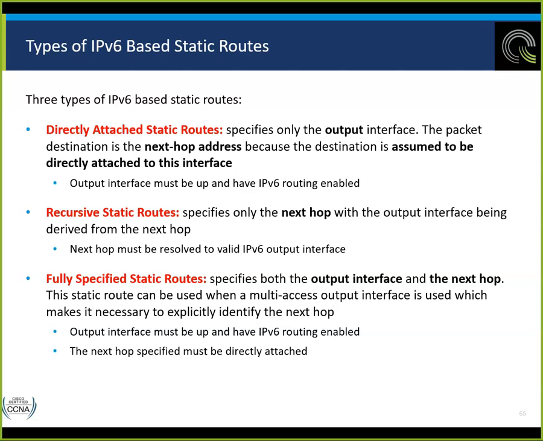The other thing that I don't think is in this presentation about IPv6 static routes: the next hop address for IPv6 is going to be the link local address. We use the link local address, the FE80 addresses, to communicate with all directly attached devices, the neighbors, the neighbor table.